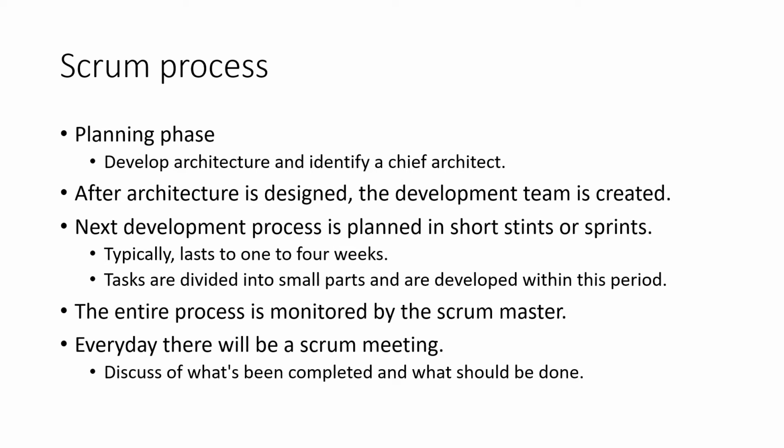He is the one who starts a meeting. These meetings are called Scrum meetings. They happen every day, and usually they discuss the progress of the work, what has been completed and what should be done within that day or within the next week.